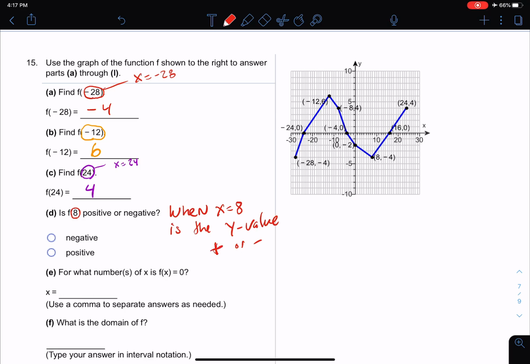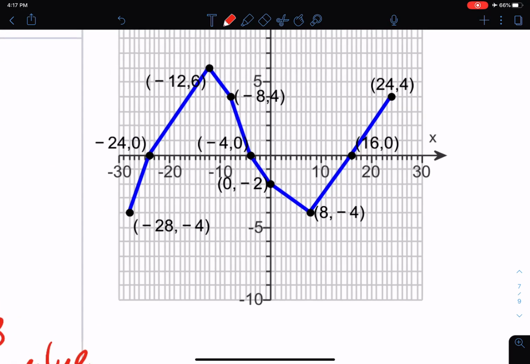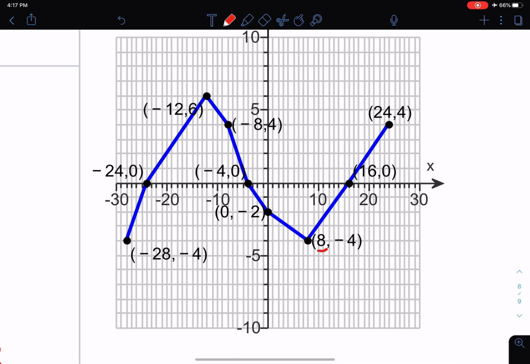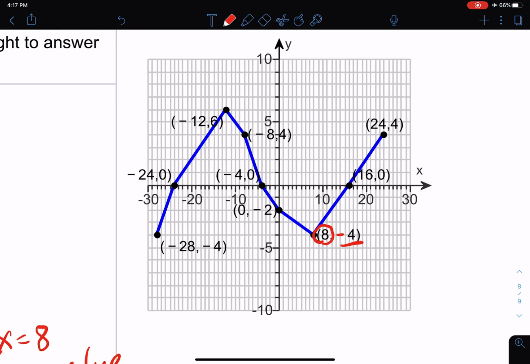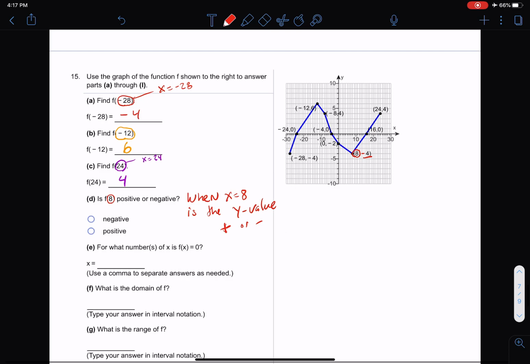So we got to go find out where x is 8. And I see x is 8 right there. Is the y value positive or negative? And it's definitely negative. So we would say f of 8 is negative.